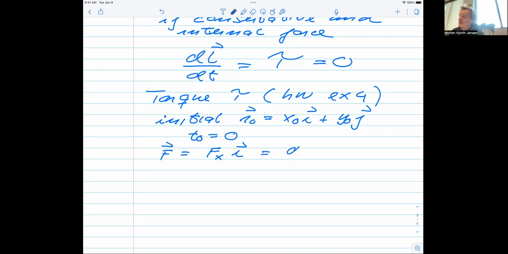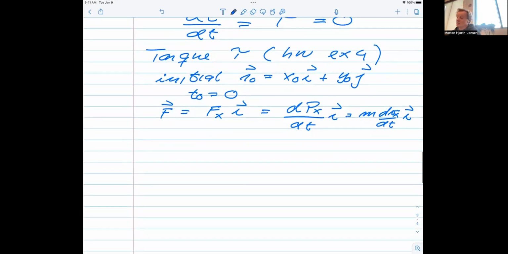And what we have then is that dp of x over dt is equal to F of x times I. And this is nothing but m times the derivative of the velocity in the x direction, dv of x over dt, multiplied with this vector I. This is the unit vector in the x direction. And then, for convenience again, we choose the initial velocity v0 to be 0.